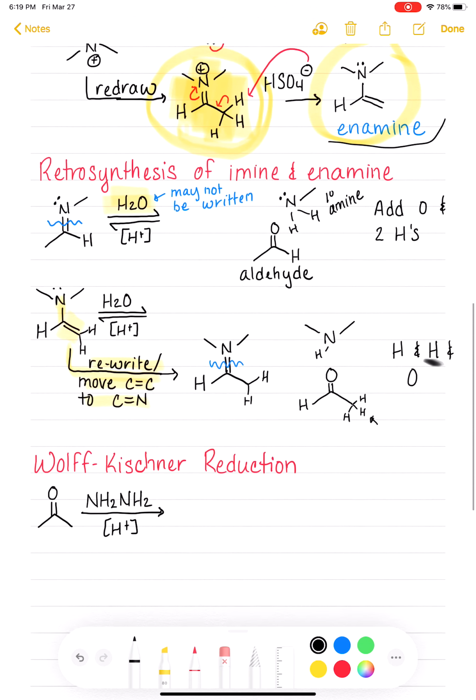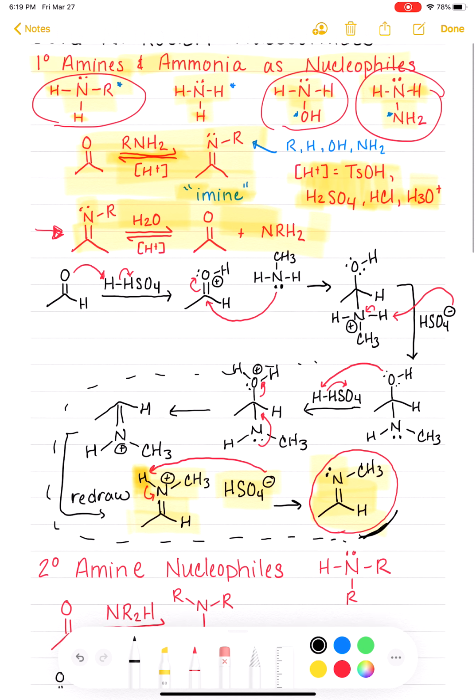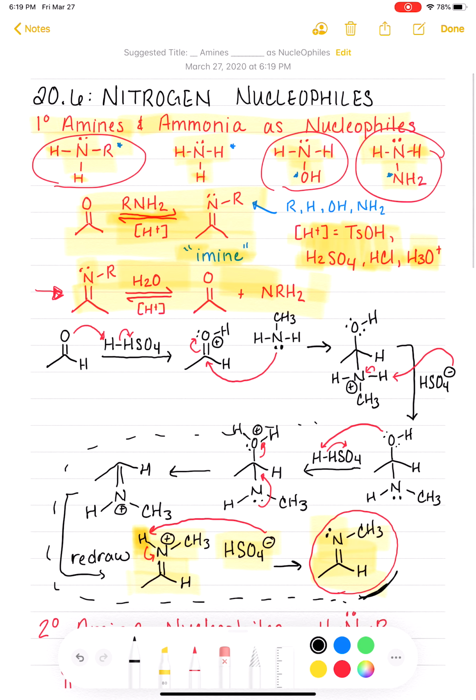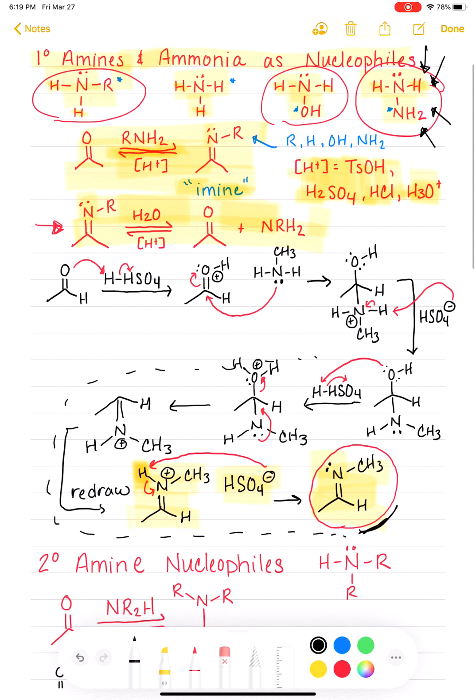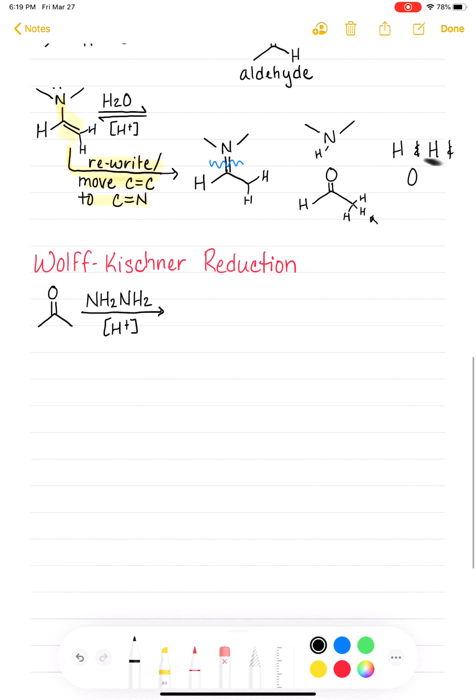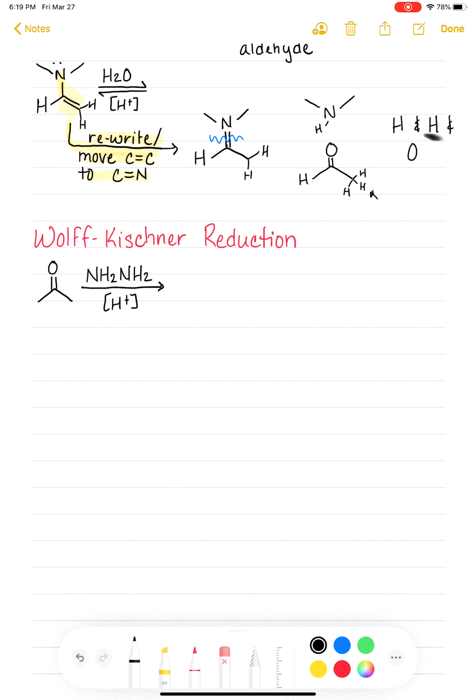So let's slide back up and take a look here. When we're doing this reaction with primary amines, this is one of the options that we have as a primary amine to do the nucleophile. So if we're using that one specifically, and there's no substitutions here, you must use this one.